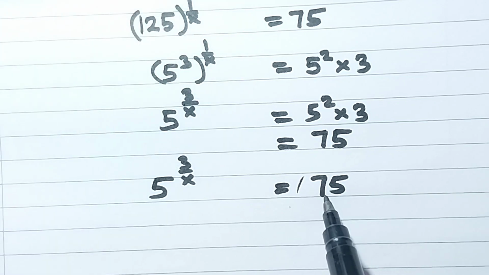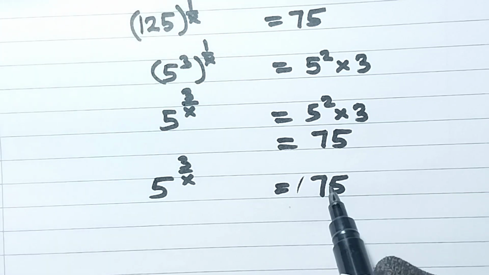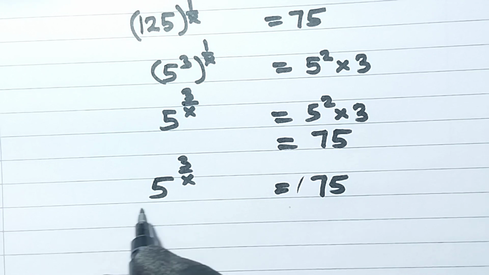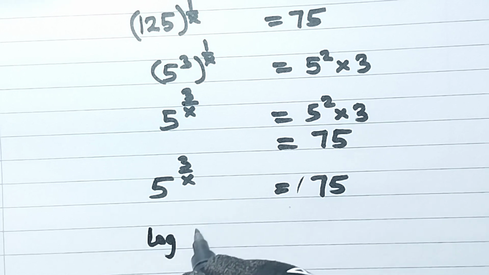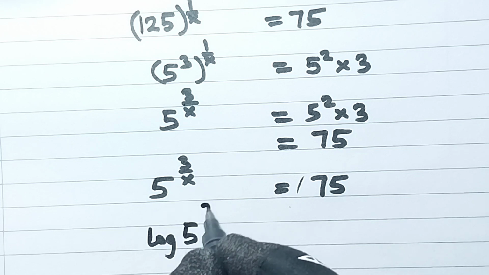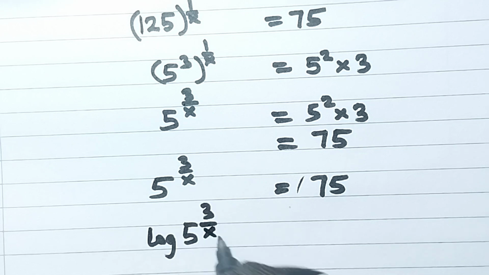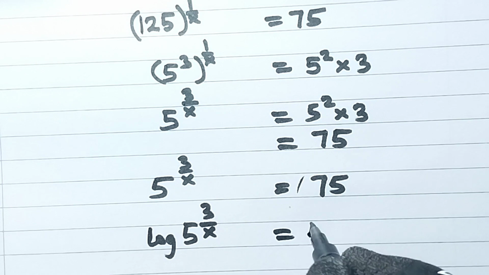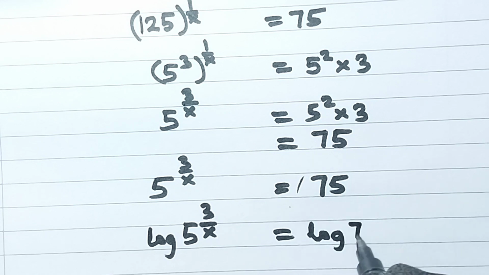So what I'm going to do now is to simply take the logarithm of both sides. I can take the logarithm to any base, but I'll just do base 10. So this gives us the logarithm of 5 raised to power 3 over x is equal to the logarithm of 75.